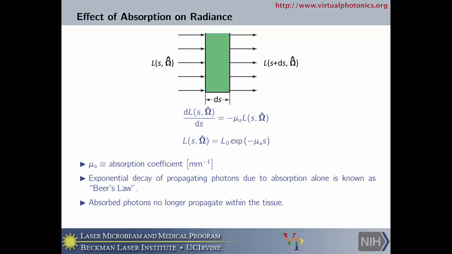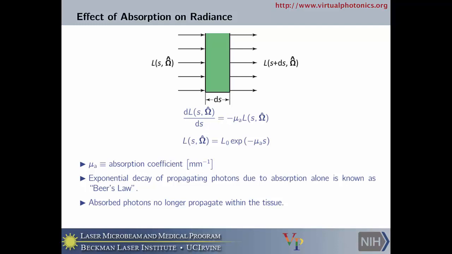And most likely the intensity of that light will be reduced because you have some amount of absorption in this slab. So the change in the radiance per unit distance, ds, is linked to some amount of absorption, which we'll call mu sub a, the absorption coefficient, times the amount of light coming in. And the negative sign is because you know that the amount of light is dropping.